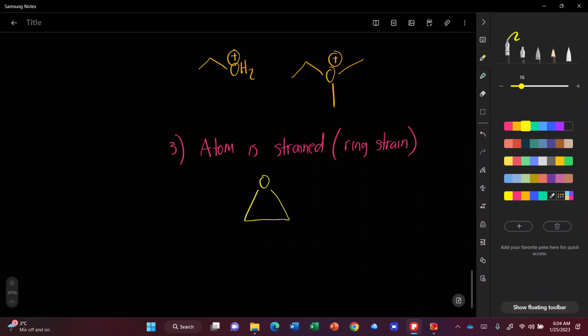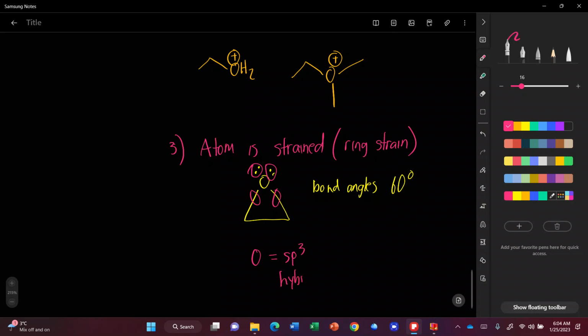Okay, so the bond angles of an epoxide, it's an equilateral triangle, so the bond angles are 60 degrees. If you look at the hybridization of oxygen in an epoxide, you would see that it has 1, 2, 3, 4 domains. That means that the oxygen is sp3 hybridized.